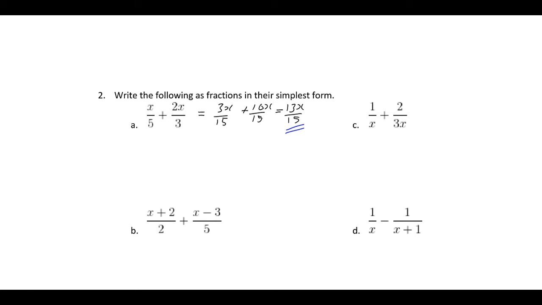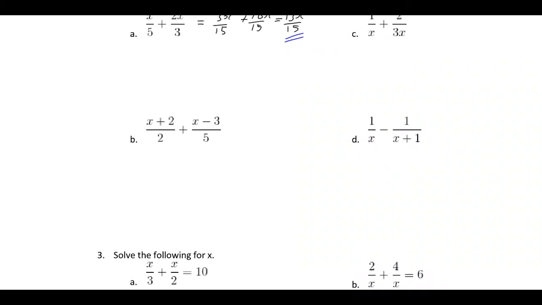B. Okay, this time we have an over 2 and an over 5. So this one's going to have to be times by 5, this one's going to have to be times by 2. So we're going to have 5x plus 2 over 10 plus 2x minus 3 over 10.